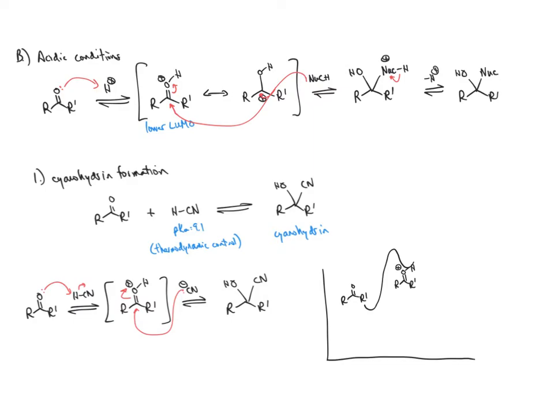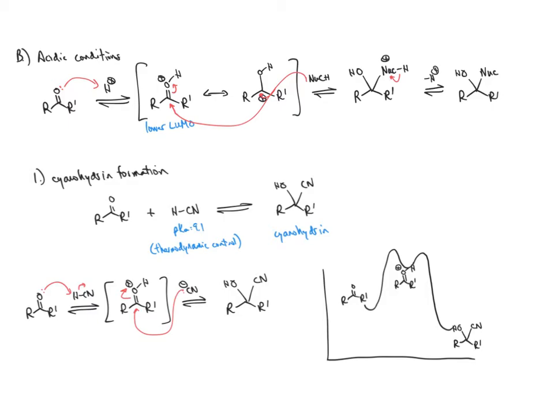And that charged species, of course, is more electrophilic, so it's higher in energy. And then we get funneling into the product, which is the cyanohydrin. Now this reaction is reversible, so we can go in the forward direction, but we can just as easily go in the reverse direction, in this direction.